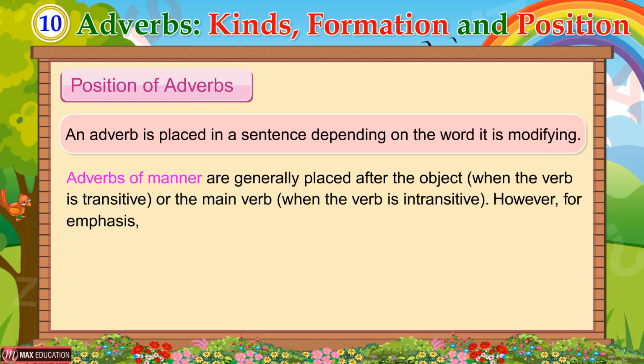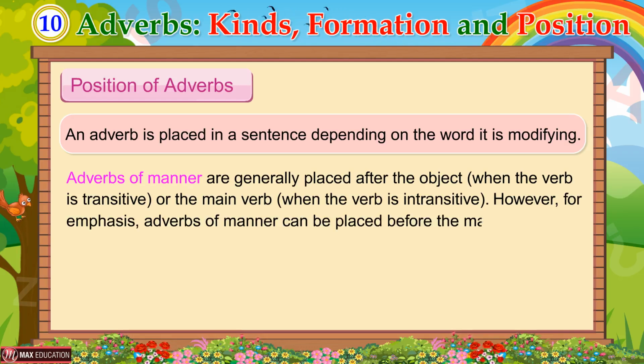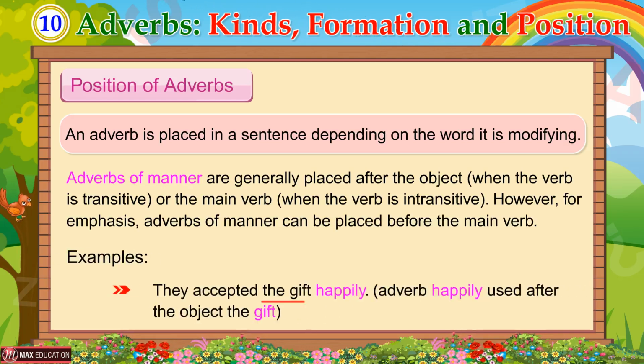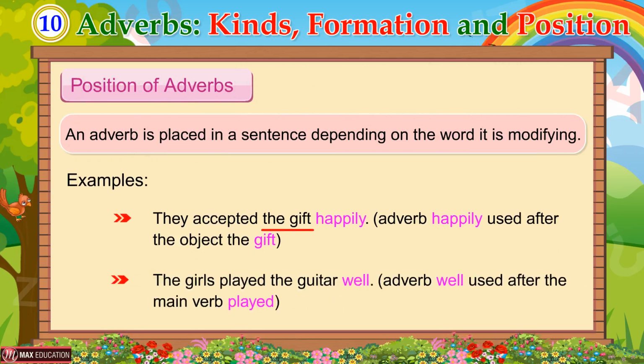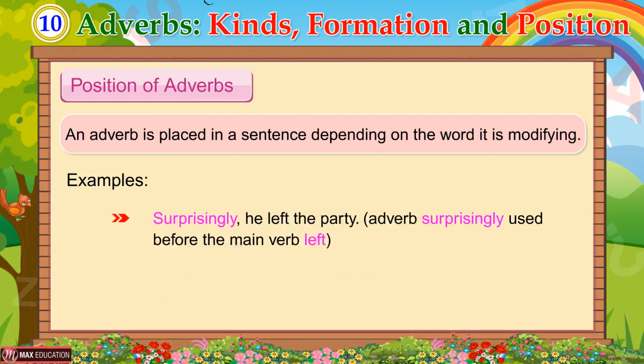However, for emphasis, adverbs of manner can be placed before the main verb. Examples: they accepted the gift happily. Adverb happily used after the object, the gift. The girls played the guitar well. Adverb well used after the main verb played.